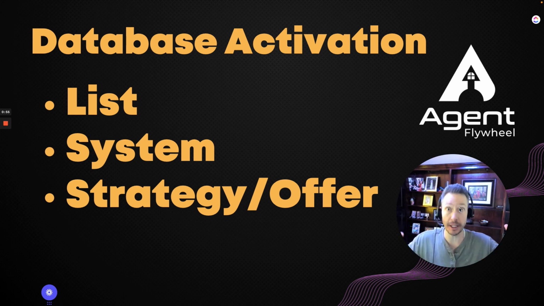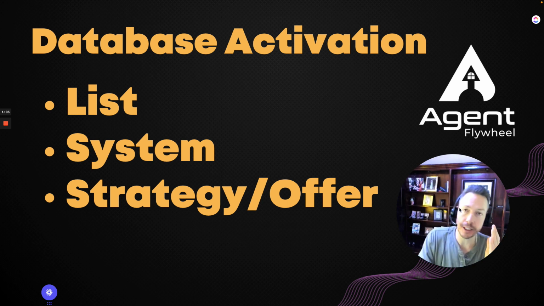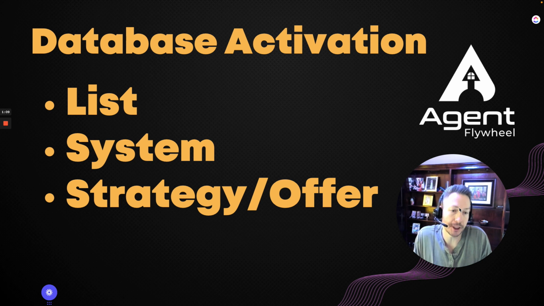There's a lot of things out there in the market. So if you're looking for ringless voicemails or voicemail drops, you could Google that and find some stuff. But I'm going to be walking you through today using our platform, Agent Flywheel. And then you need some sort of strategy or offer. And this is going to be primarily dependent upon who we're going after and who we want to talk to.